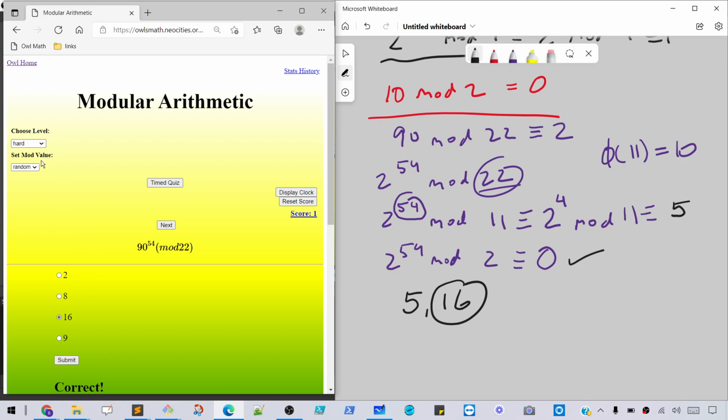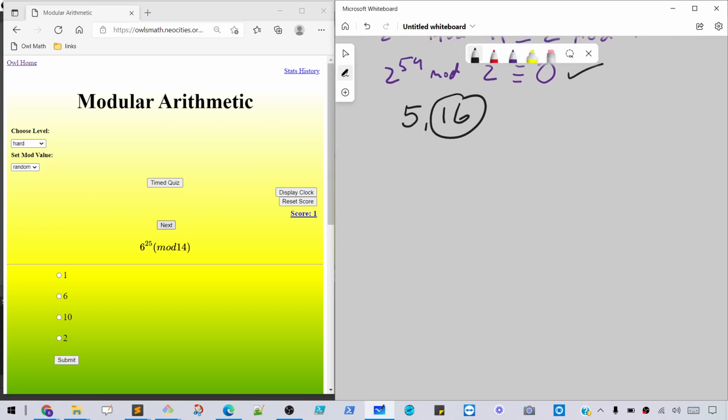Maybe just a couple more. I think we'll stay with the random ones. Okay, so we're looking at 6 to the 25th mod 14. Again, not relatively prime, and we can't reduce the exponent any, it's already reduced.